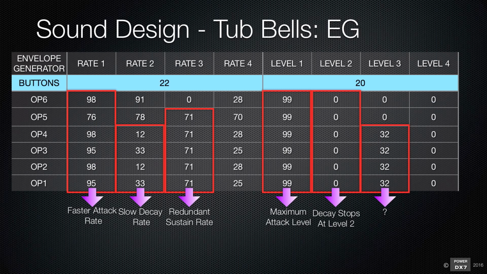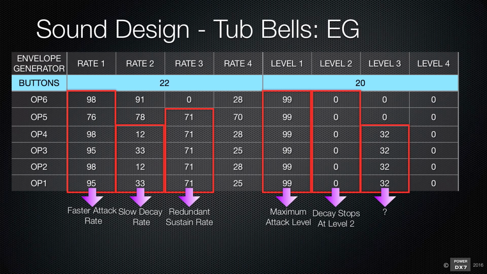So what is happening with operators 1 to 4 is that volume and modulation quickly reaches maximum at level 1, then slowly decays to level 2, which is 0, then quickly reaches to level 3, which is 32. I don't have an explanation for this, but my guess is that this was left over from editing the original sound.